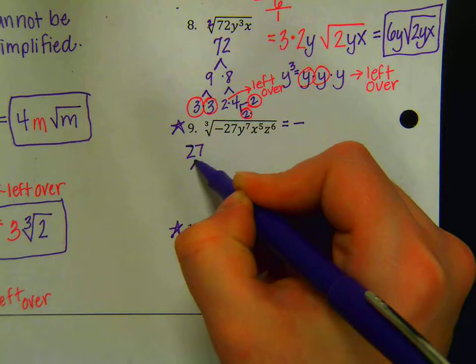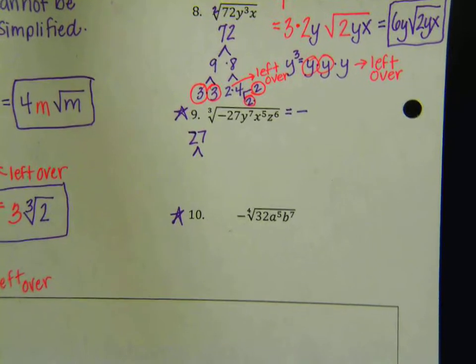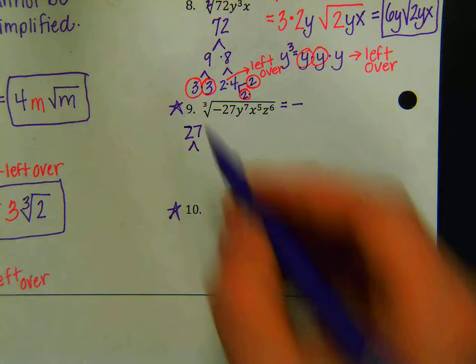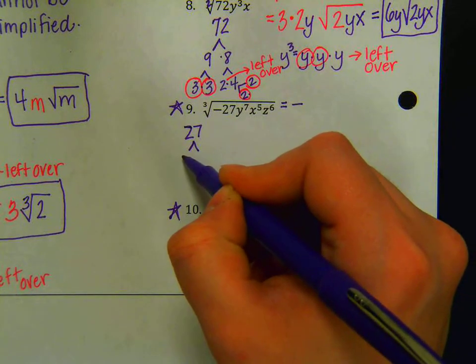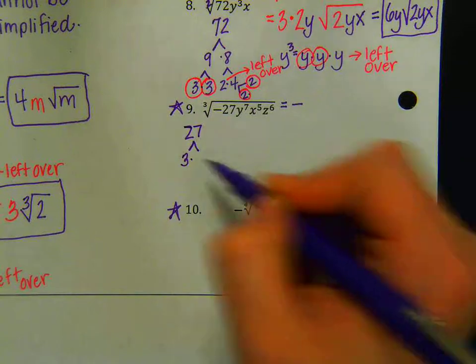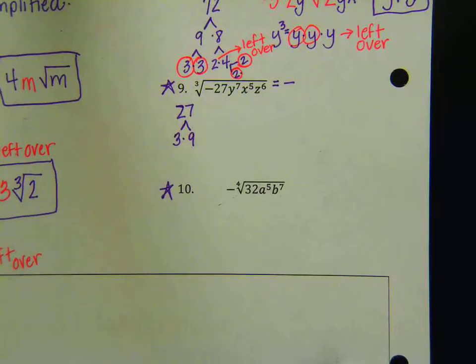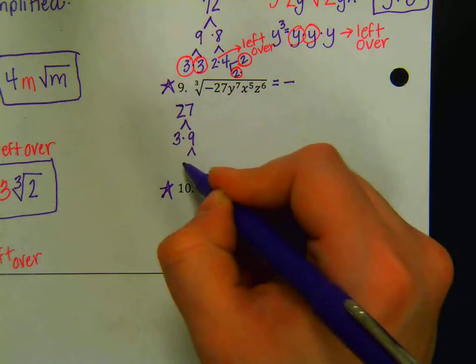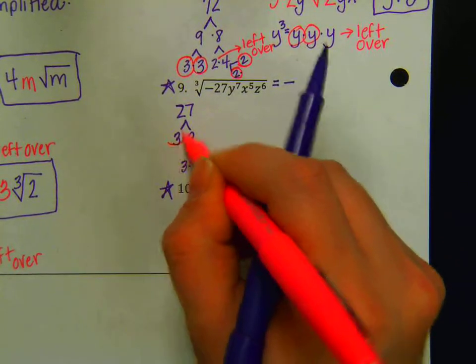How can I split 27 up? 3 and something. 3 and 9. 3 times 8 is 24. So 3 and 9, and then 9 can be split up into 3 and 3. So I have my group of 3 here. So that goes on the outside.